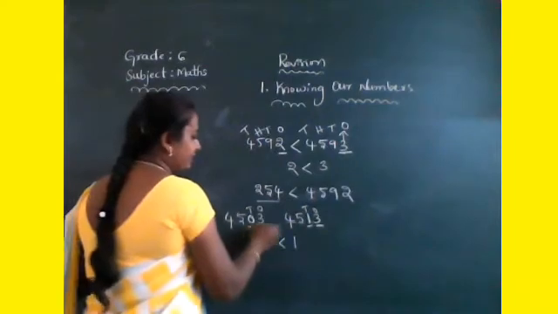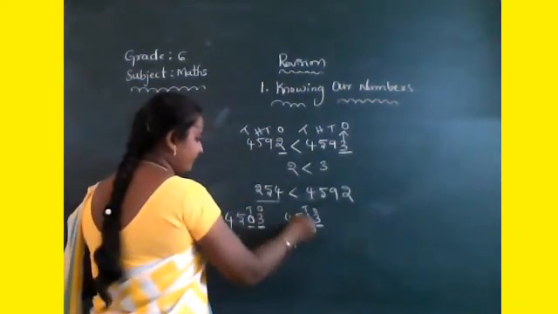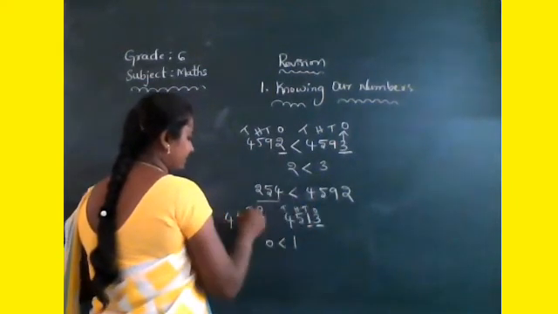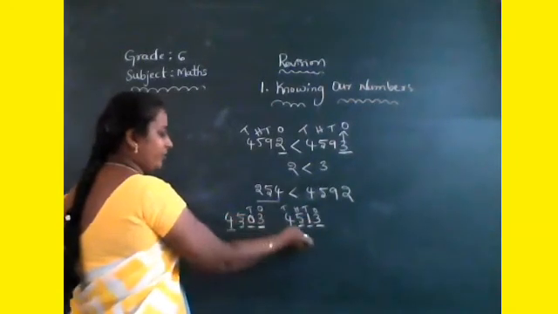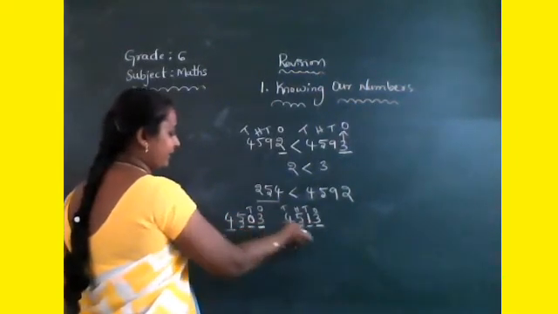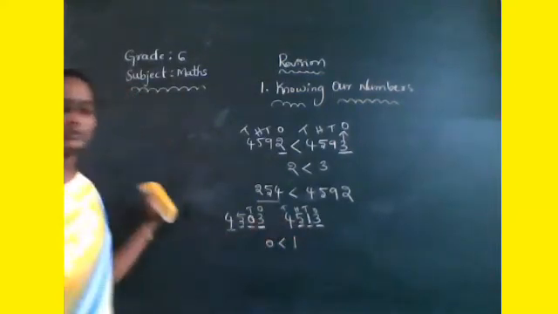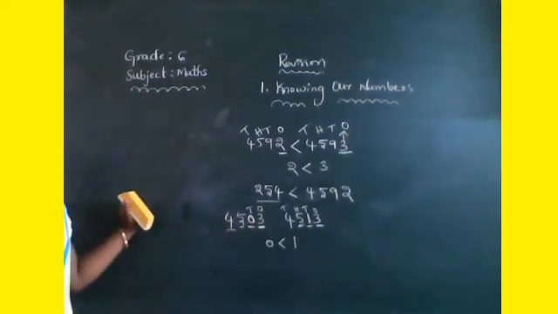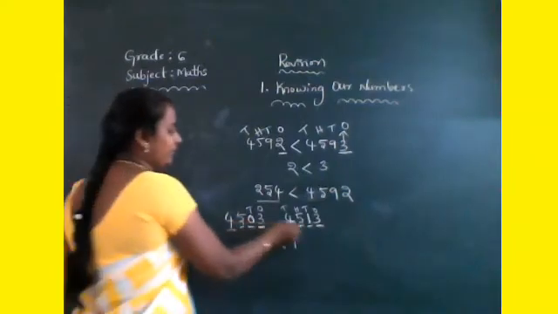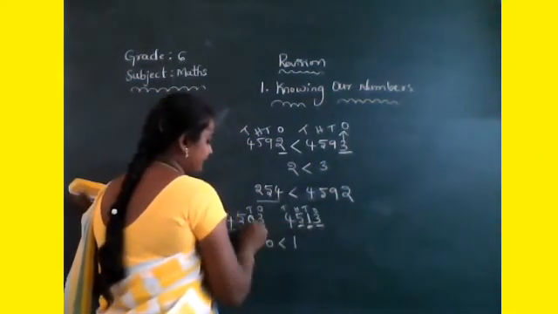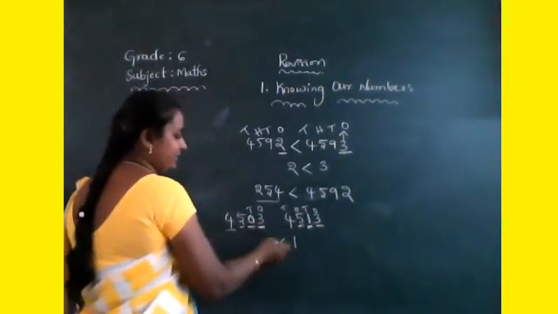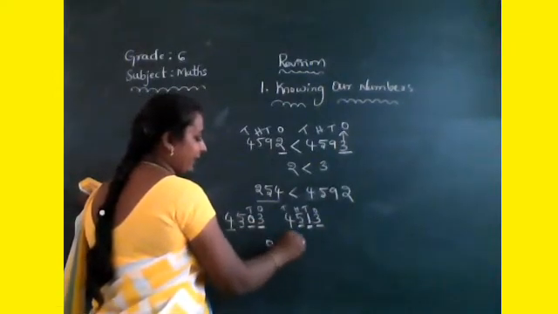Now tell me, the remaining place values, that is hundreds and thousands. The hundreds place value is 5, the thousands place value is 4. Both numbers contain the same hundreds and thousands place values. Okay, so no need to go that far. You can compare where the digits are different. There only you have to stop and compare.